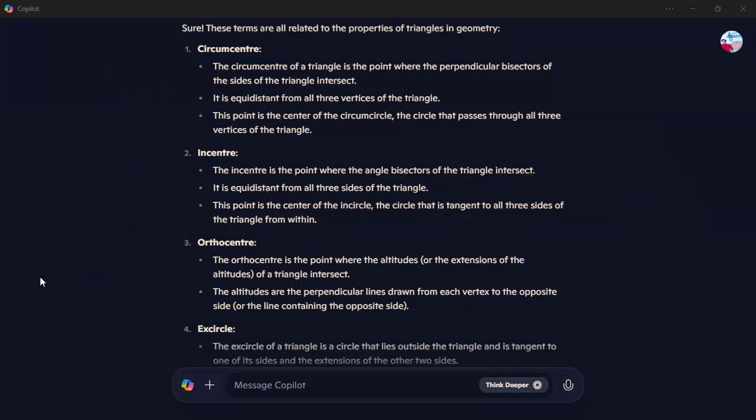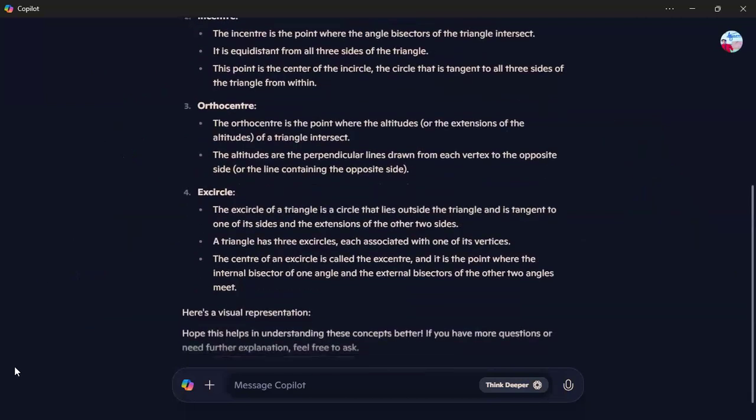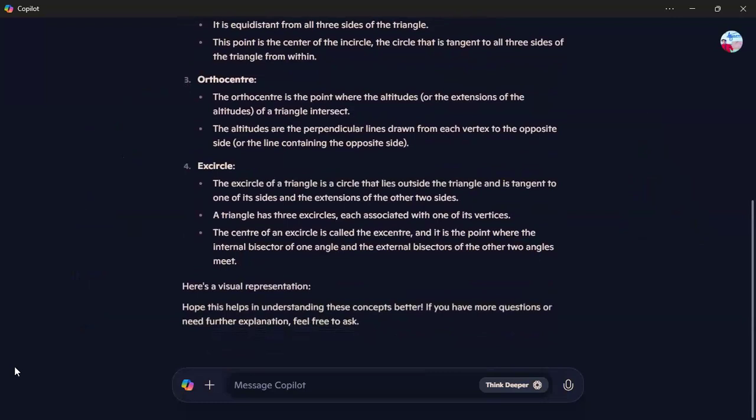So let's now move ahead to the next point, the orthocenter. The orthocenter is the point where the altitudes, or the extensions of altitudes, of a triangle intersect. If there is a triangle, I have drawn an altitude here.